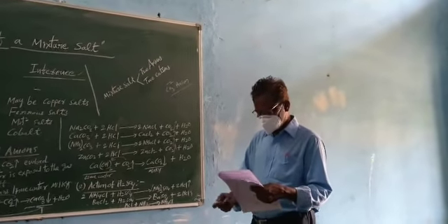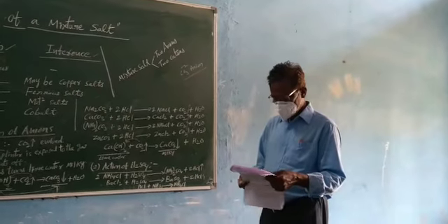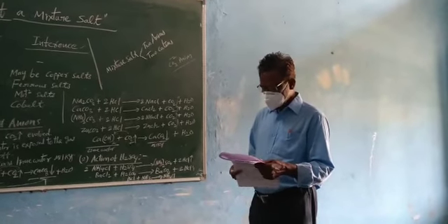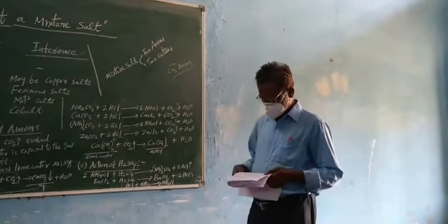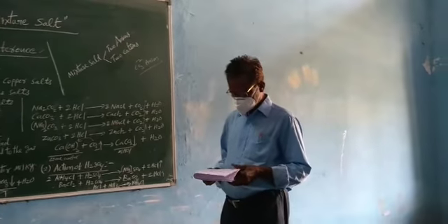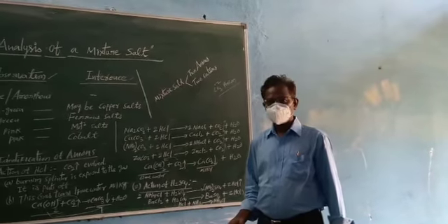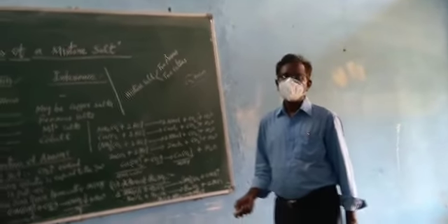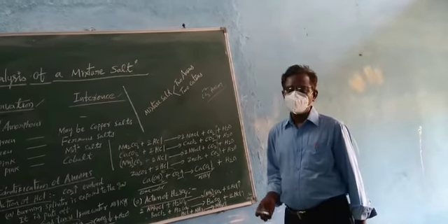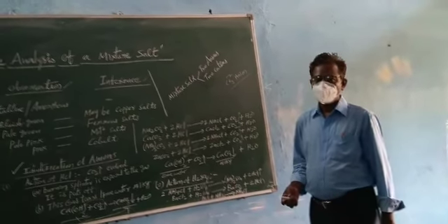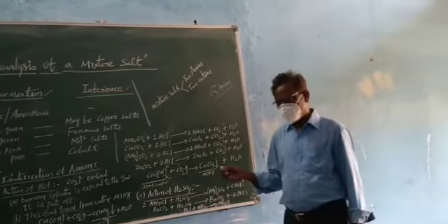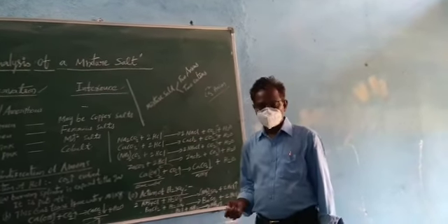It gives dense white fumes on the glass rod dipped in ammonium hydroxide solution. It indicates chloride ion. A colorless, pungent odor gas is evolved.